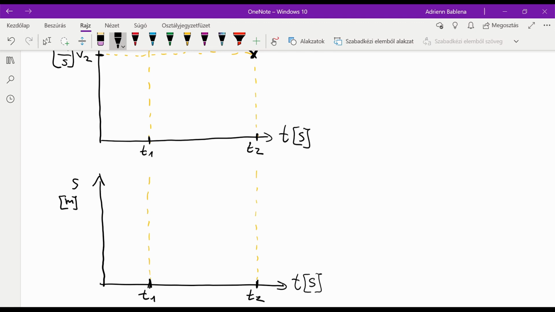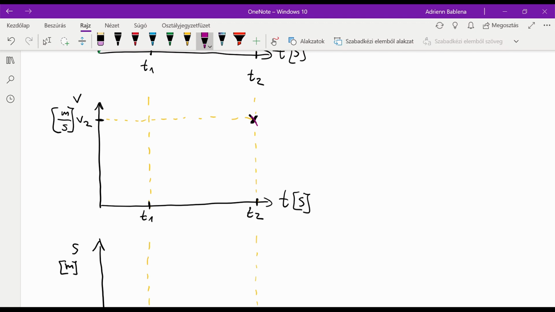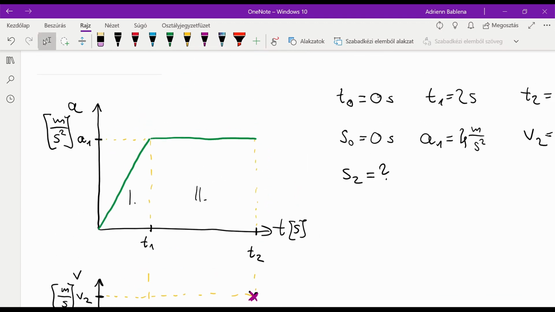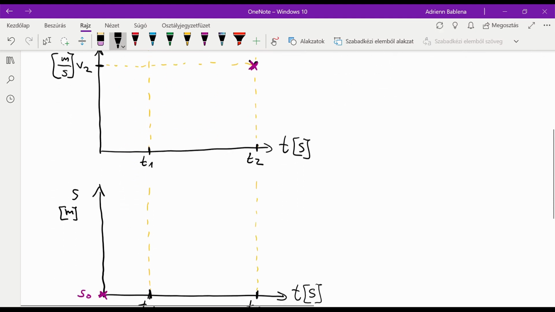And we know the S0. Great. S0 is 0. So we know S0, we know V2, and we know A1. And so determine S2 and draw the VT function and the ST function.